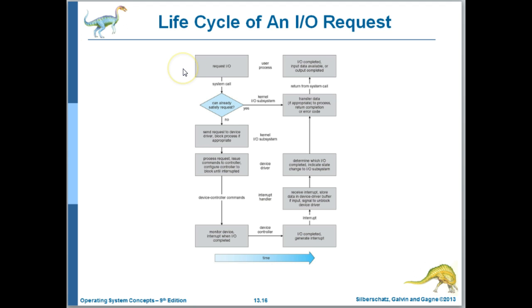So the user process executes a read syscall. The kernel takes that over and first checks to see if the block is already buffered within the file system. If not, then the request is sent down to the I/O subsystem, then passes down to the device driver.